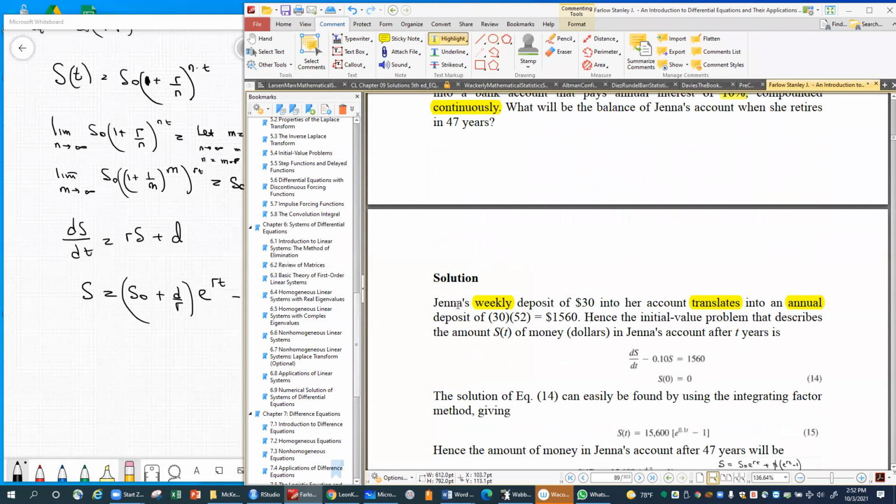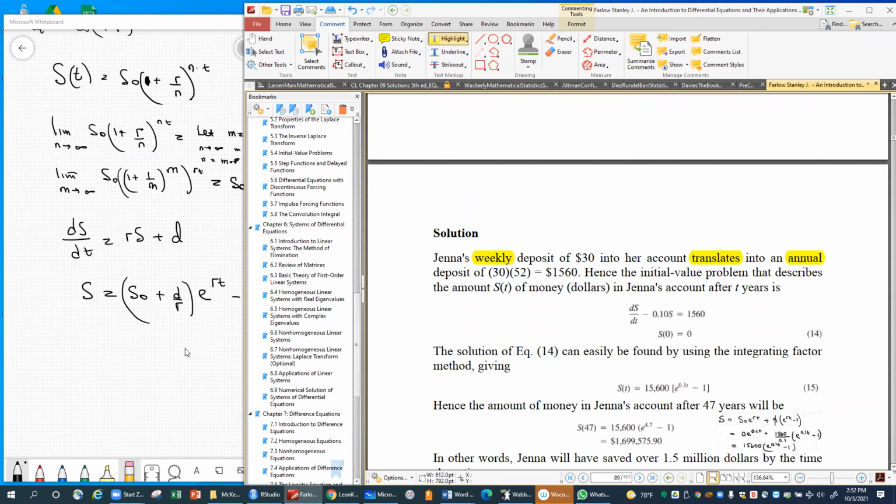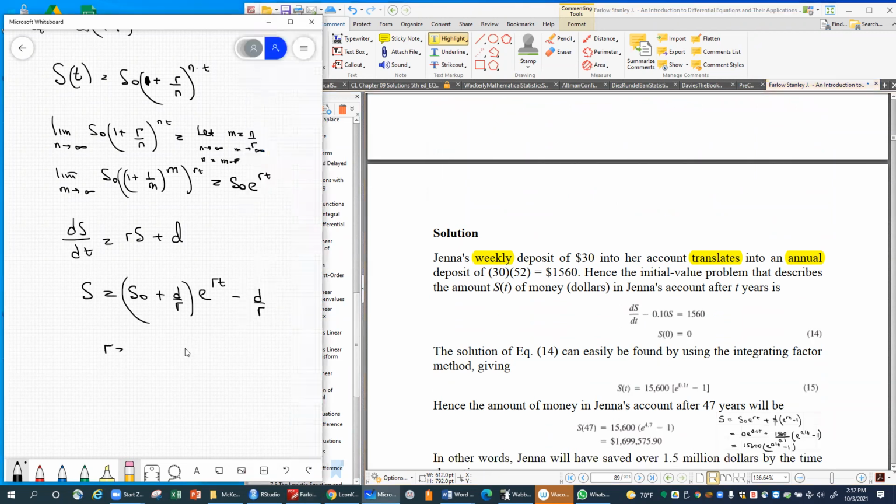So what do we know? Jenna's weekly deposit is 30. Let's do it per year. So annually, 30 times 52 weeks, that's 1560. So we basically have here what? We have r is 0.10, an unbelievable 10%. d per year is 1560.